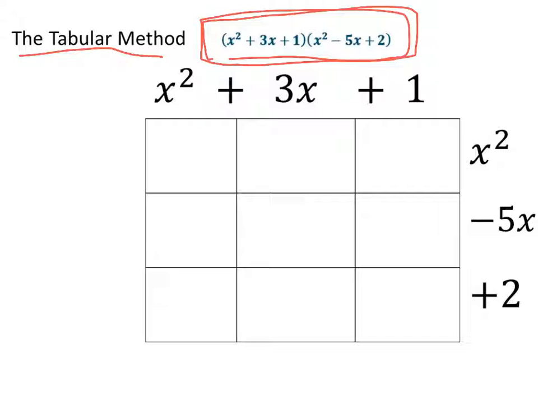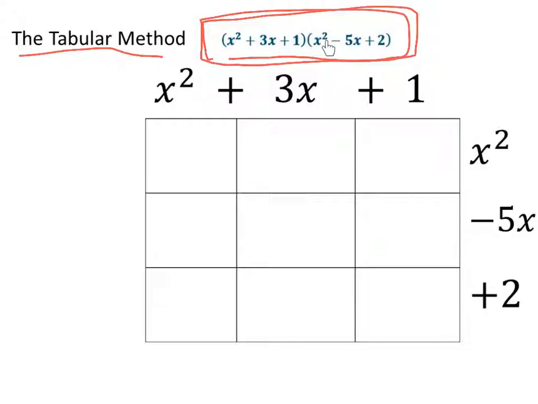As we can see here, this first factor has 1, 2, 3, so it has 3 terms. The second factor has 1, 2, 3 as well, so it has 3 terms. And there are no missing terms. The exponent goes from 2, 1, and then the constant term.